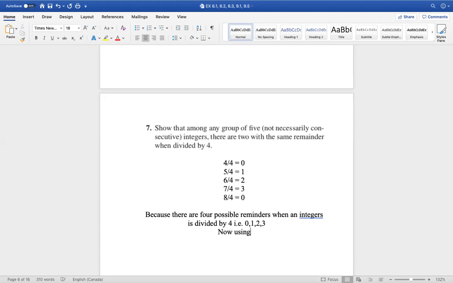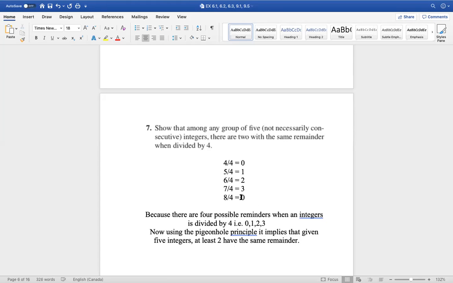Now we use the pigeonhole principle again. Using the pigeonhole principle, it implies that given 5 integers, at least 2 have the same remainder.